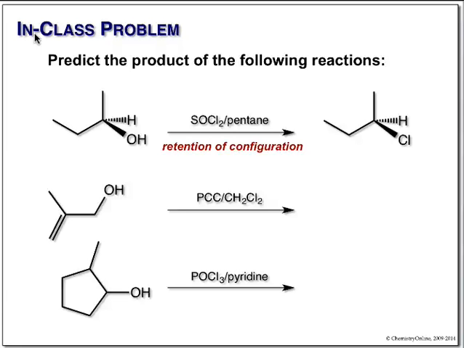But because it's so mild, it will stop after 1 oxidation step. We have a hydrogen attached here. That means we're going to oxidize this to the aldehyde. Any questions?